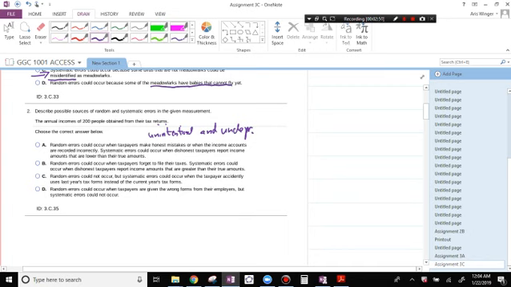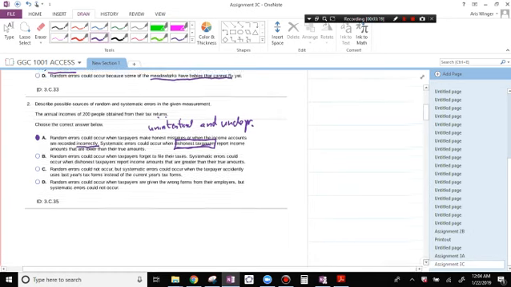Or when the income amounts are recorded incorrectly by accident. Systematic errors could occur when dishonest taxpayers report income amounts that are lower than their true amounts. That's right. So dishonest taxpayers are just a part of the system, and we can work towards correcting that. But dishonest taxpayers are a part of the system that creates errors. Number two. It's A.